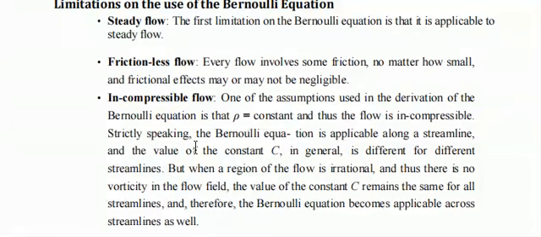But when the region of flow is irrotational, there is no vorticity in the flow. Okay, the value of the constant c remains the same for all the streamlines, and therefore the Bernoulli equation becomes applicable across the streamlines as well.